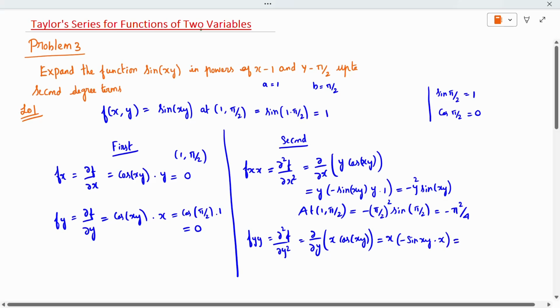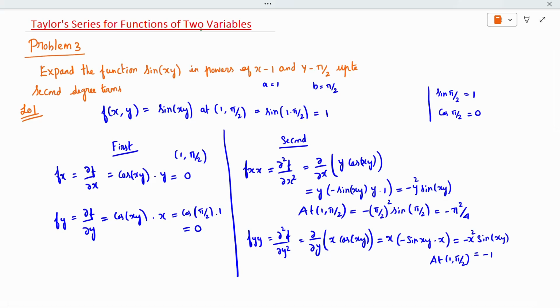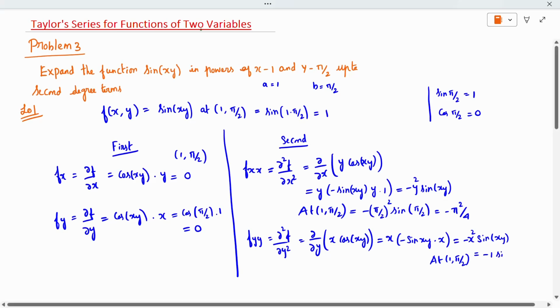So the answer is minus x squared sin xy. Substituting at 1 comma pi by 2, we get minus 1 into sin pi by 2, and sin pi by 2 is 1. So the total answer is minus 1.